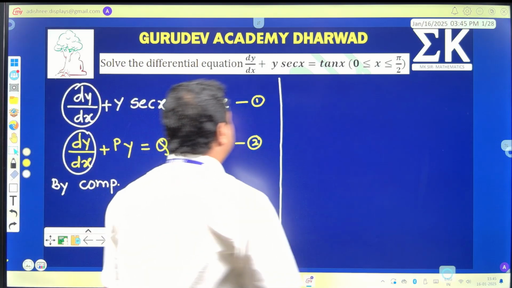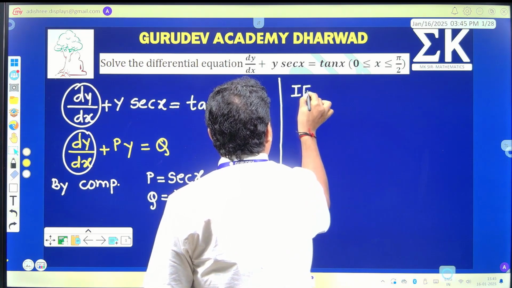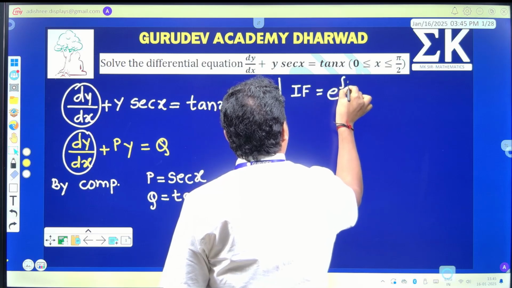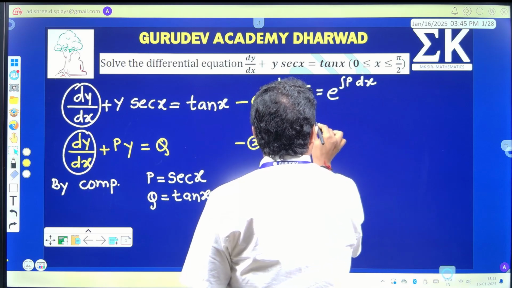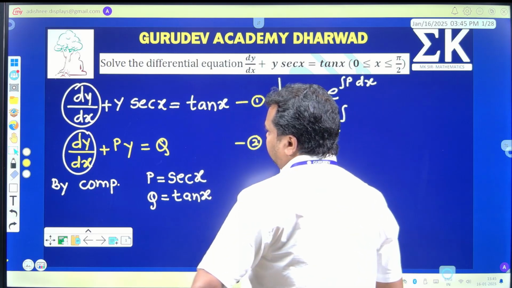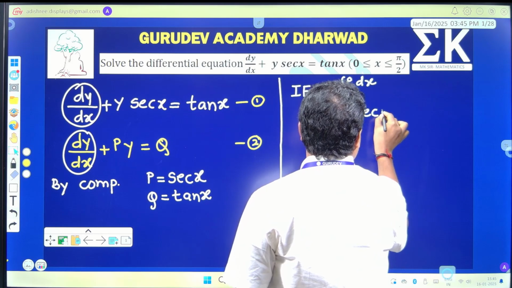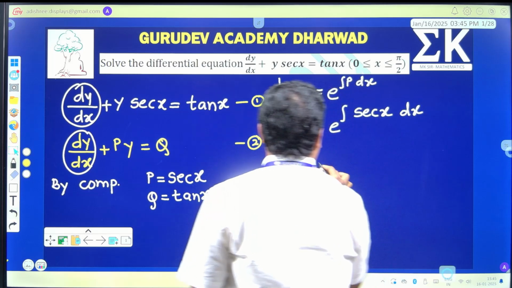And we know how to find the solutions of linear differential equations, right? First you have to understand the integral factor. What is integral factor? e to the power integral of P dx, right? So I will calculate it as e to the power integral of secant x dx.